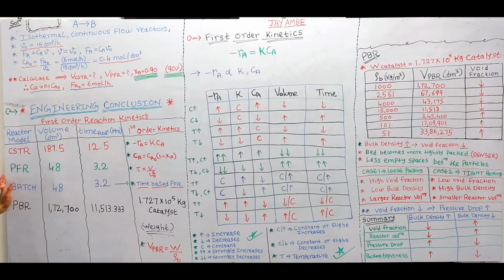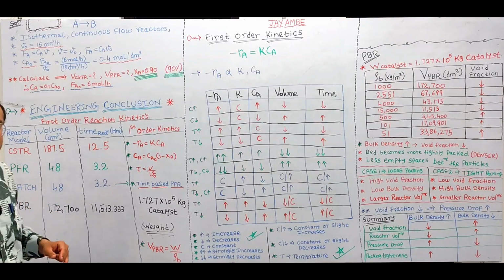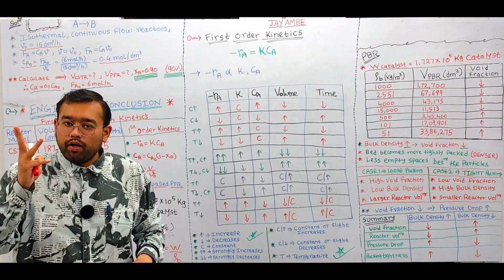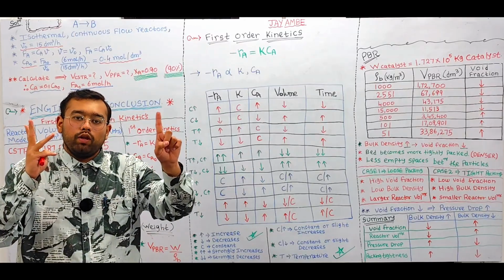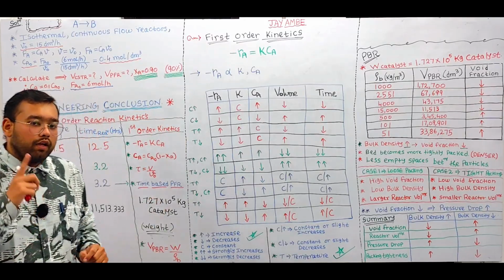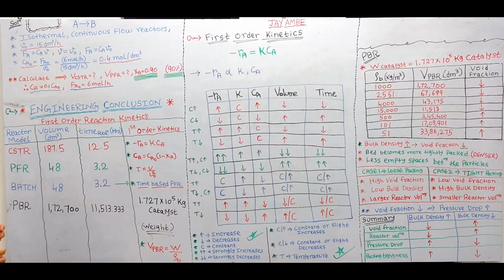Now I will make the third comparison, between the CSTR, PFR, and batch reactor on one side, against the packed bed reactor. It will be more interesting.